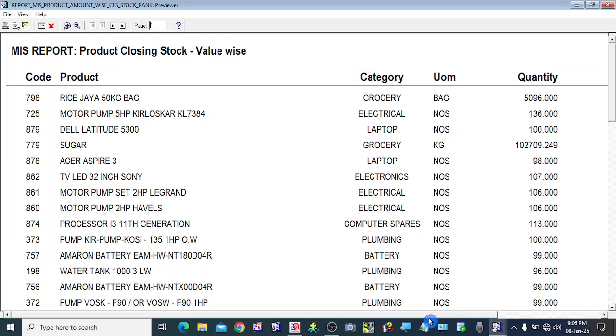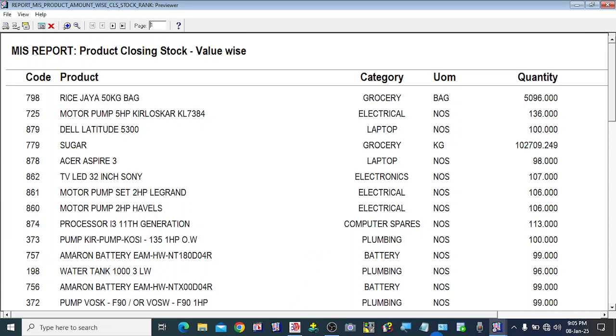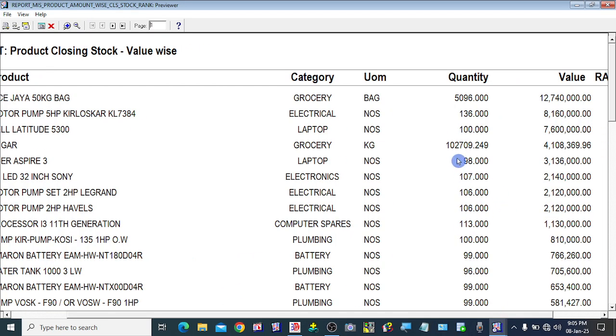In the previous report, sugar was the top product quantity wise, with a stock of 1,02,709 kg in our store, but value wise it is less compared to the rice.